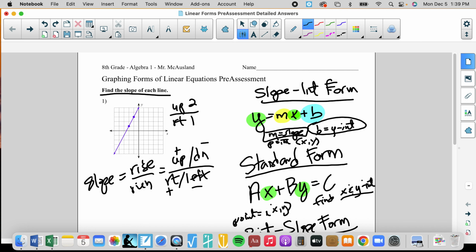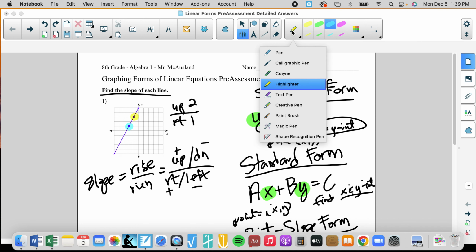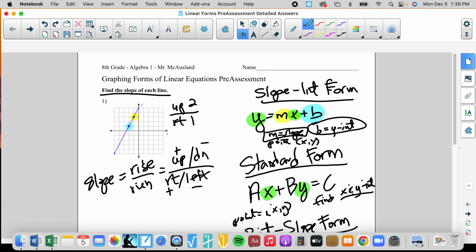Let's say we chose to do this point first, and then to get to this blue point, again knowing that we do the up-down first, we would go down 2, and then we would go left 1. So up 2, let's look at this, what I call slopees.